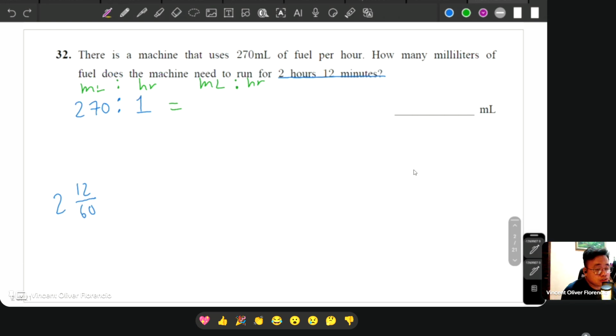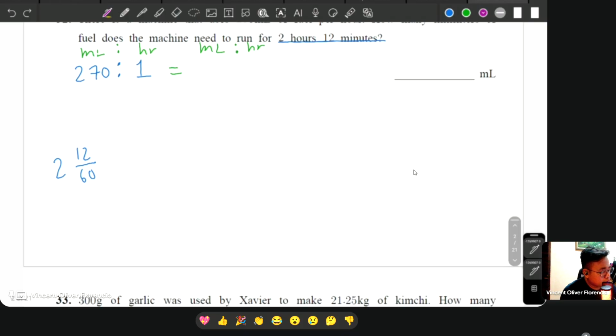Take note that the 12 there is minutes, and we need to convert that into hours. So we have 12 divided by 60. We need to divide by 60 because in every hour there are 60 minutes in total. As a portion, this one we can simplify.